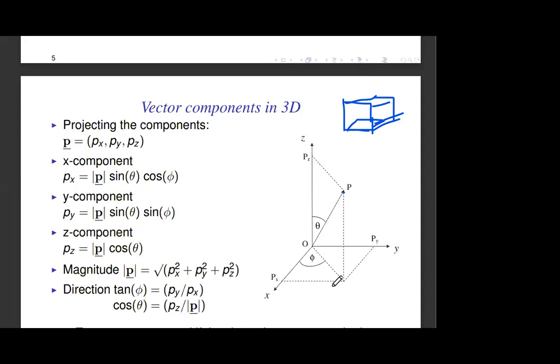It is something like a shadow of this line segment on the OXY plane, right? And this one is perpendicular to the OXY plane.